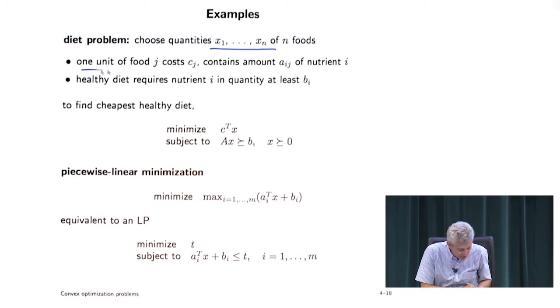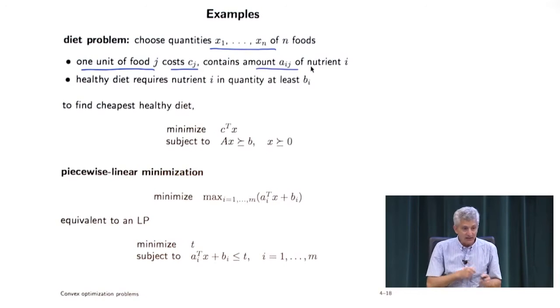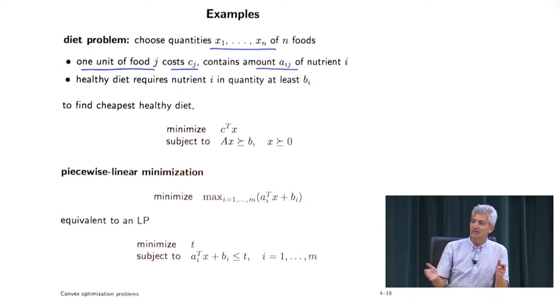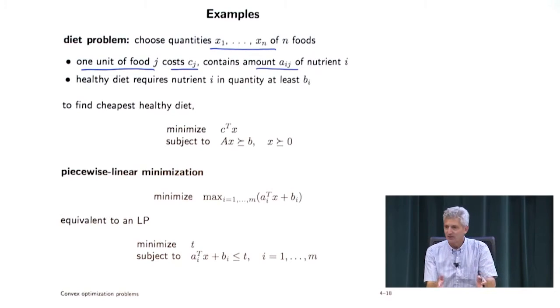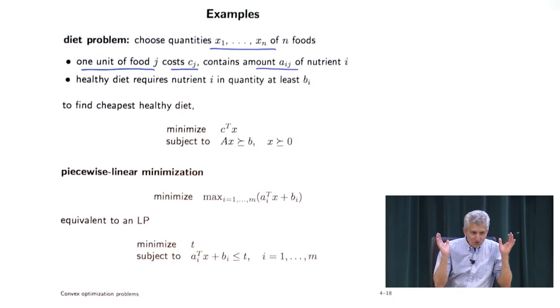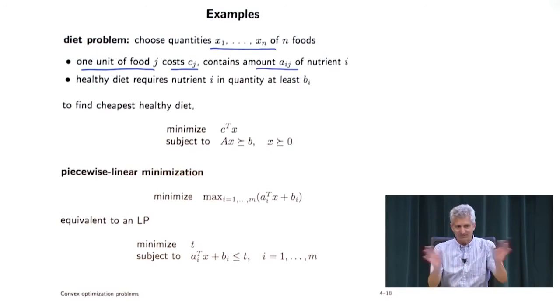And 1 unit of food, let's say a gram, costs c_j. And it has a nutrient amount, a_ij. For example, nutrient 1 could be protein, right? So this tells you that a gram of this has, say, 300 milligrams of protein. Doesn't matter, nutrient 2 can be a vitamin. You get the idea.